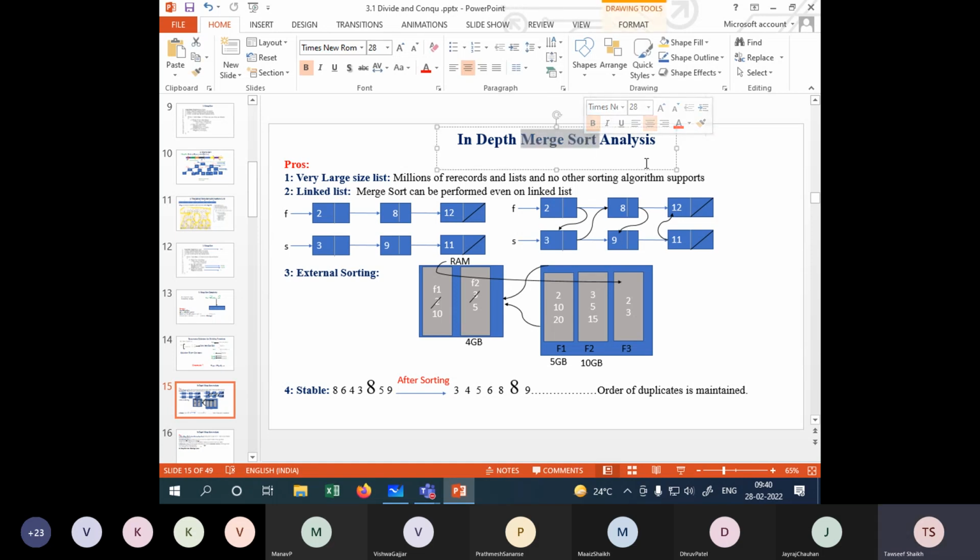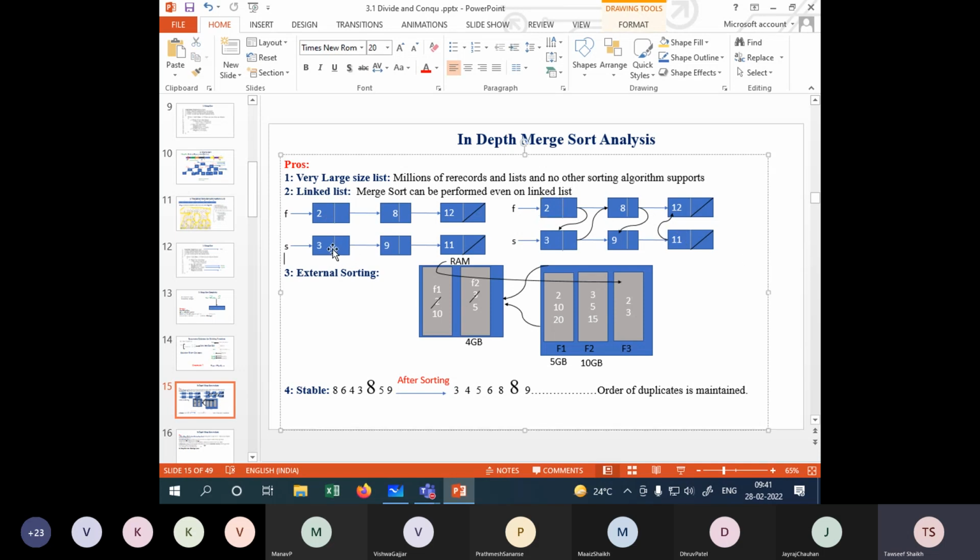The second thing is that merge sort does not apply only to lists or arrays. Merge sort can be performed even on a linked list. So I have taken an example here. Two linked lists are there, 2, 8, and 12, and another, 3, 9, and 11. To perform merge sort on such linked lists, 2 will come first and remain as such.